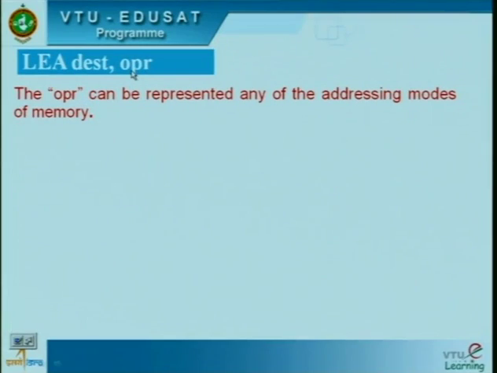The next instruction is LEA, load effective address. LEA loads the effective address of operand OPR to the destination register. Here, the OPR, that is operand, can be represented using any of the addressing modes, where we will be using a memory operand here.